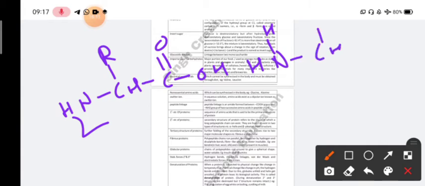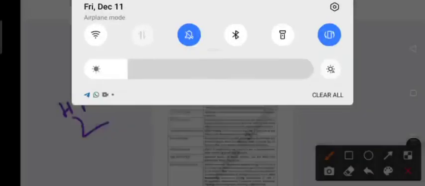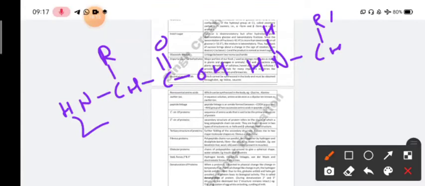Let me write this down. Let me take two amino acids. These two are totally different, or it can be similar amino acids.